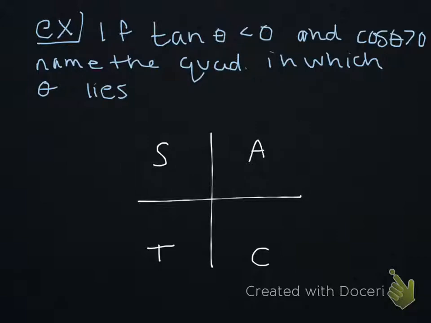It says tangent is less than 0, so I'm looking for where tangent is negative. Remember, this chart is highlighting where these functions are positive. So tangent is positive in the first quadrant and the third quadrant. A stands for all, T stands for tangent. So that means tangent has to be negative in quadrant 2 and in quadrant 4.